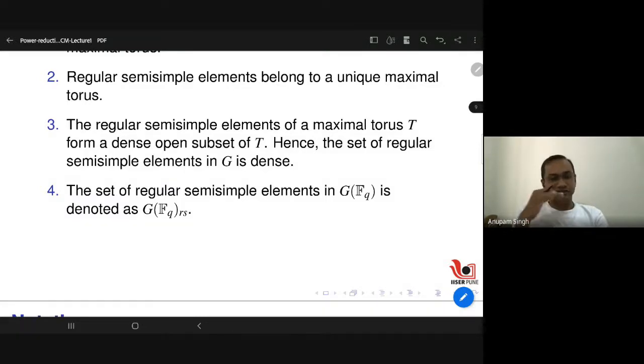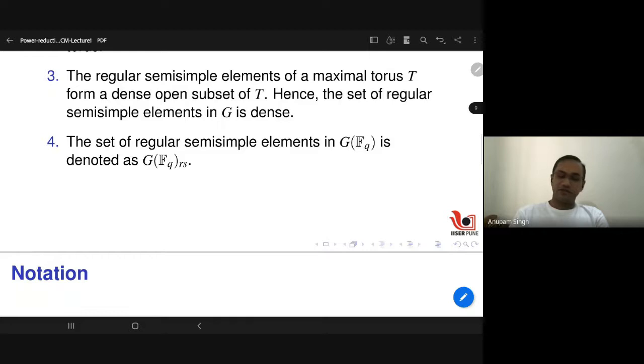This statement makes sense over an algebraically closed field where you have the Zariski topology, so dense and such make sense. We all understand that. But there is a version of this statement even over a finite field, and we will see that.